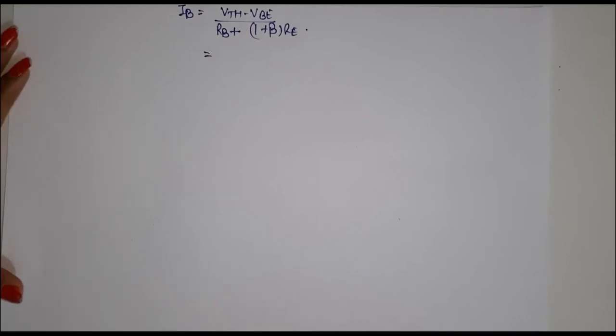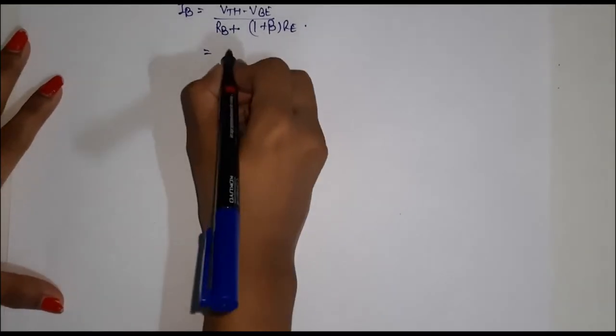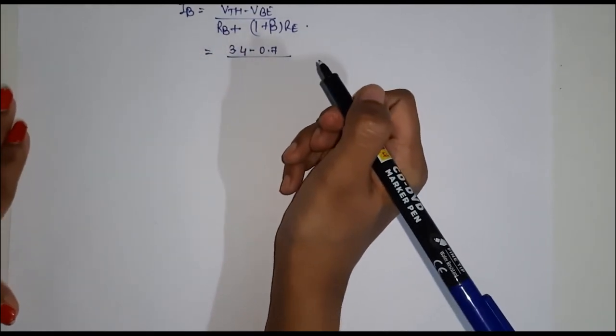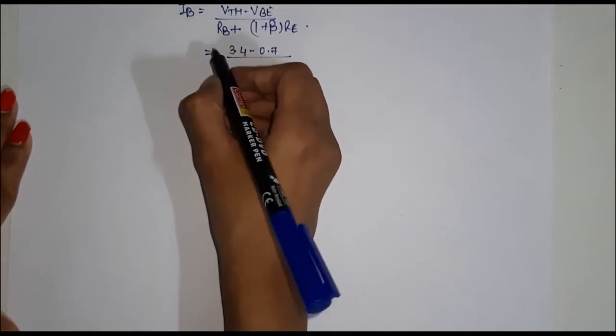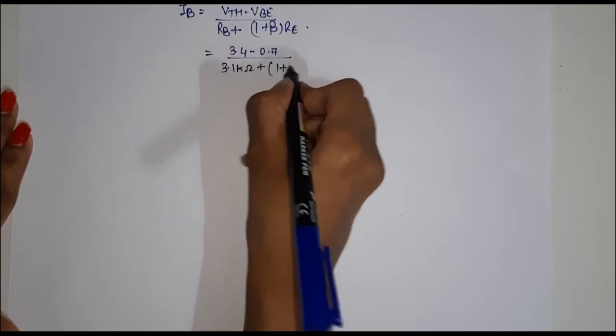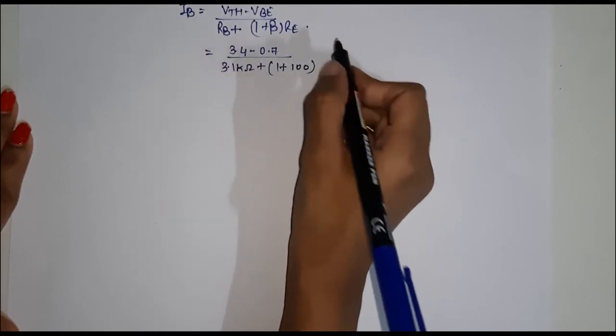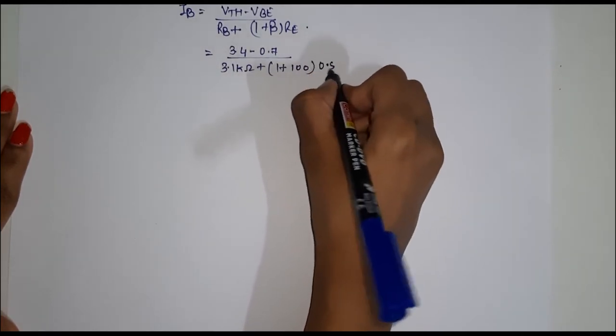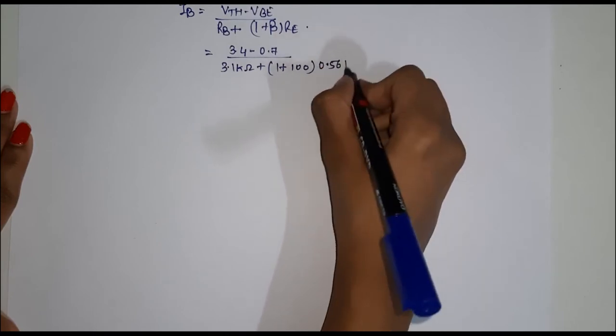Now to calculate the value of IB, we'll just substitute the values of the voltages and the resistances. So substituting the values in the equation, VTH was 3.4 volts minus VBE is 0.7 for a silicon transistor. Then the value of RB we found was 3.1 kilo ohms plus 1 plus beta given to us was 100 into the value of RE. The value of RE is 560 ohms. So that is equals to 0.56 kilo ohms.